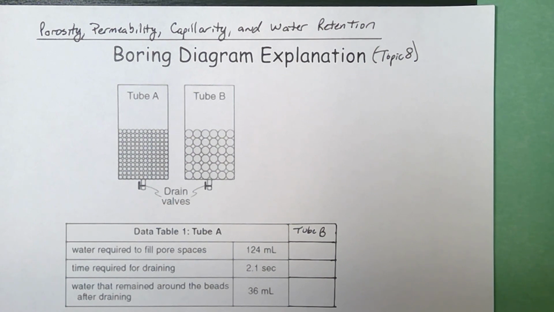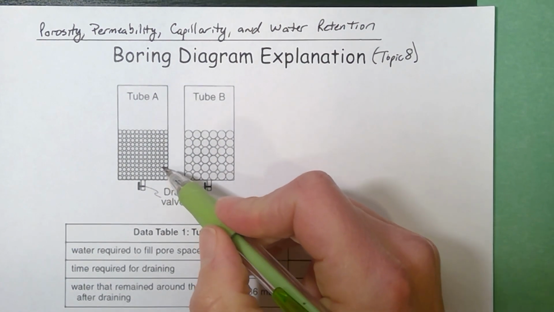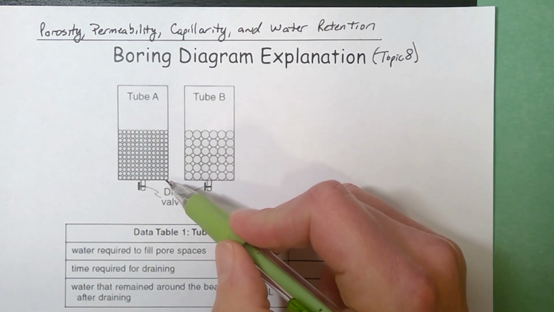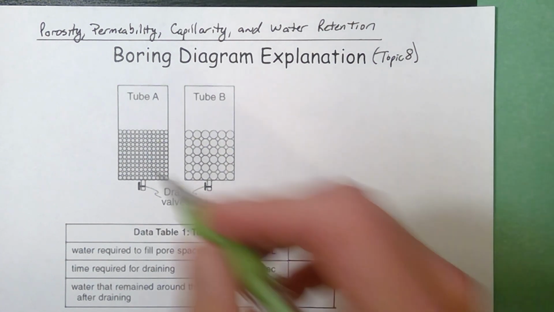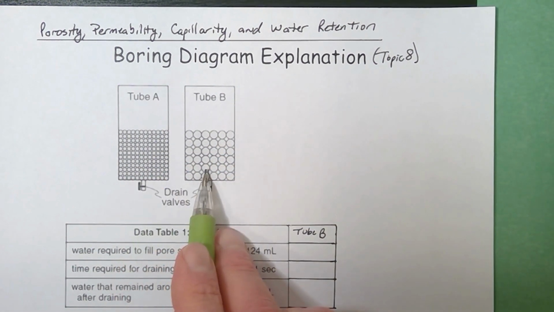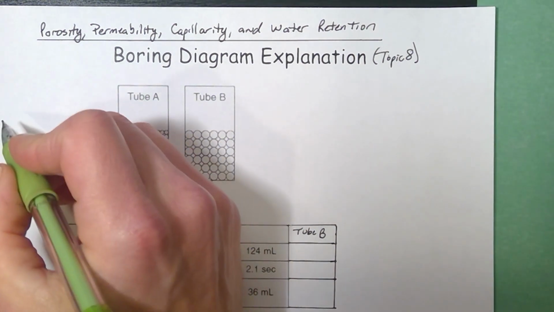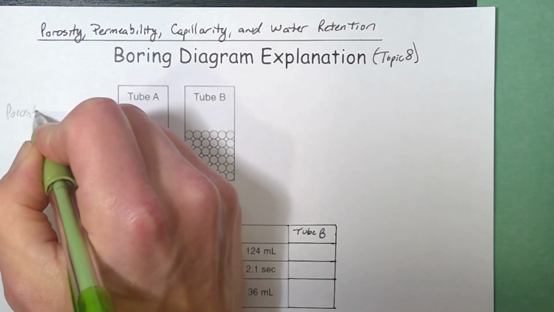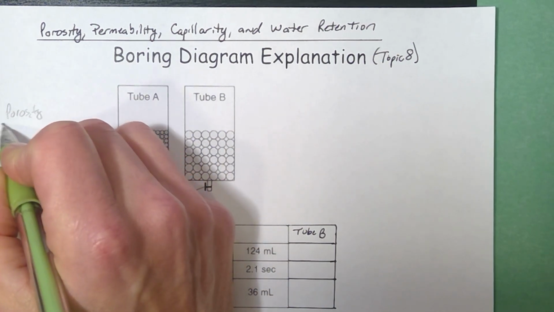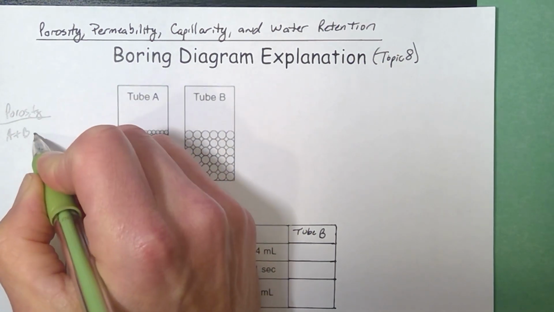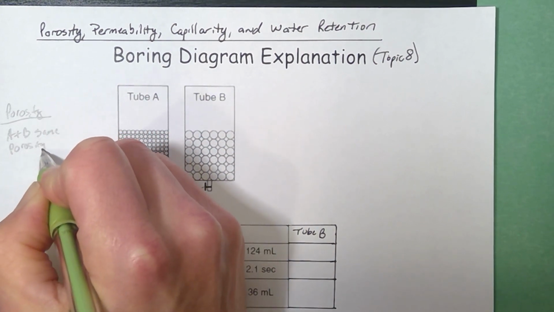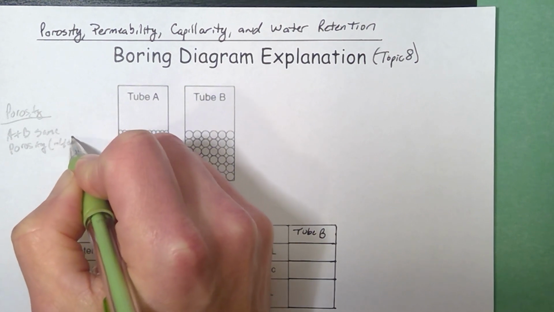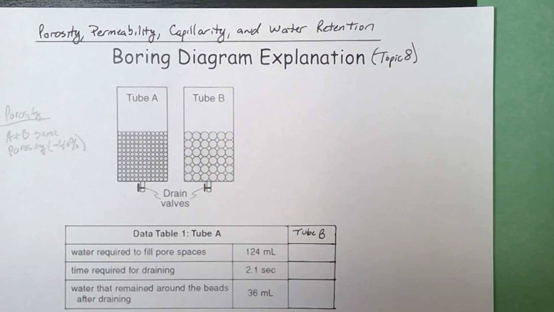If we were going to measure the porosity of these samples, what we would have to do is pour water between the spaces of the pores and see how much water it takes to fill the pores. If we did this, what you would discover, because they're both round sorted particles, is that A and B would have the same porosity, and that would be about 40% because they're round sorted particles.